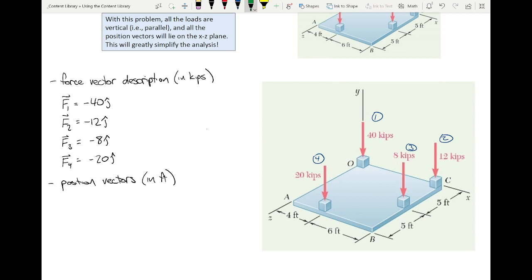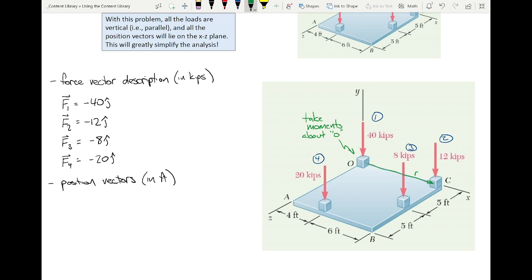So if I look at this coordinate system, I think what might be easiest is to take moments about O, the origin.